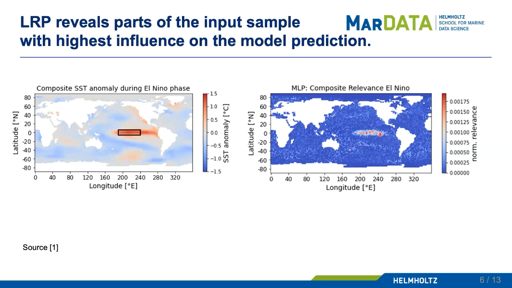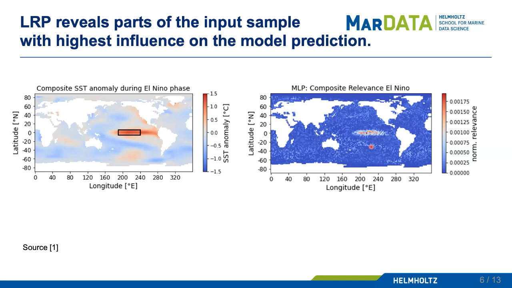We see that the multilayer perceptron puts its focus mainly on this tropical Pacific region, which appears reasonable, in the sense that it puts its focus where I, as a human, would also put my focus to discriminate El Niño from La Niña samples. As I said, it's really a simple toy problem, and that's not the point here. It's just to see if we get reasonable results with layer-wise relevance propagation on this problem.